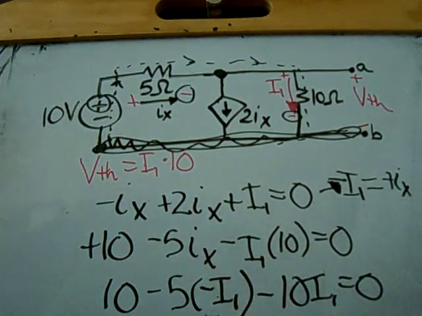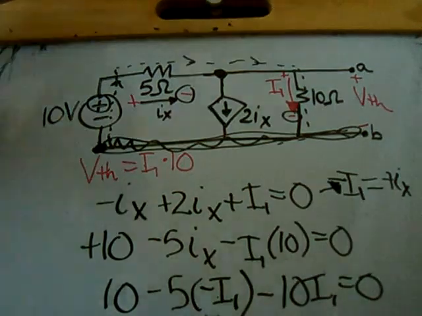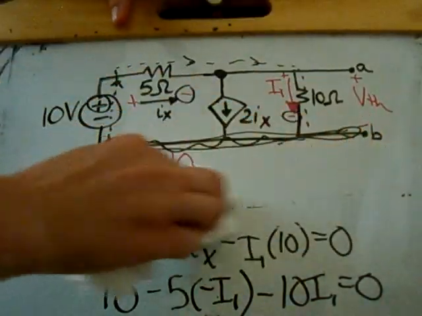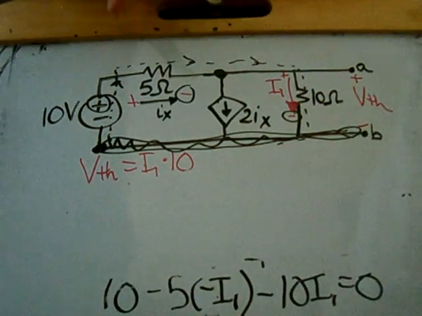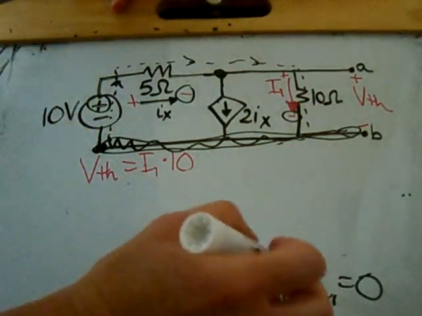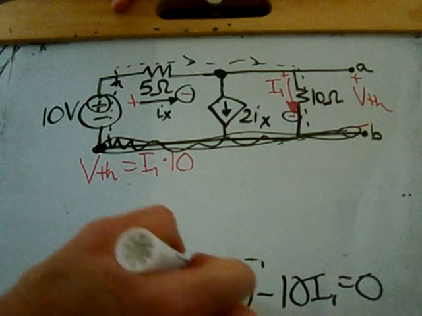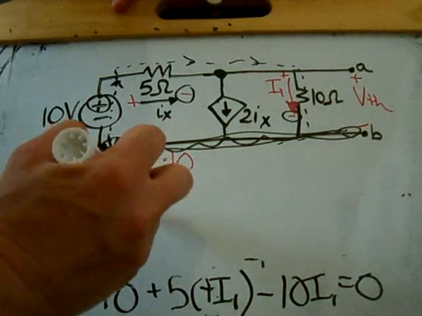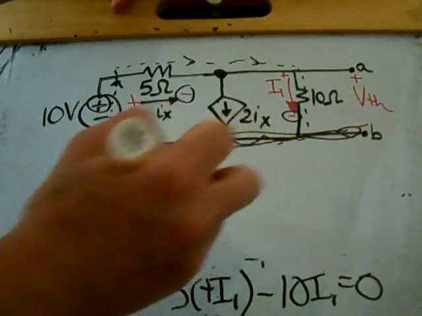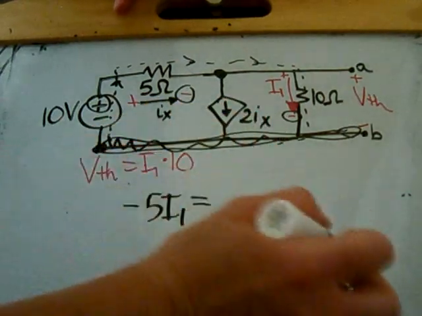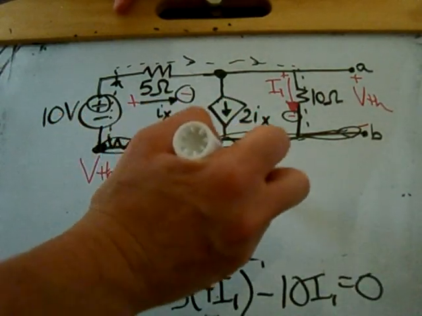And then I can combine the terms, so that I have a minus 10 and a plus 5. So I have a minus 5I1 is equal to, or if I take the minus over, it will become a plus.